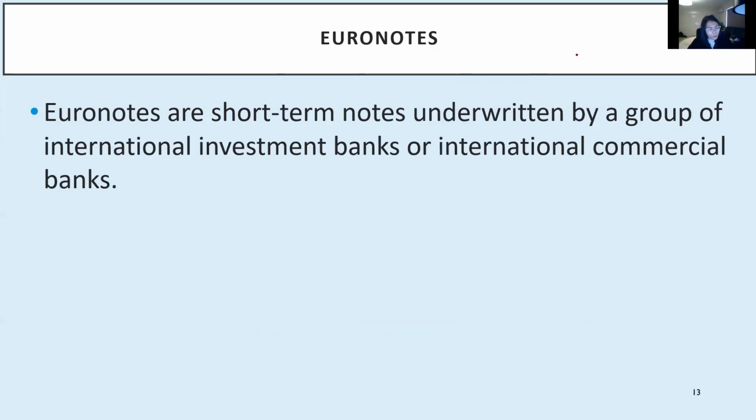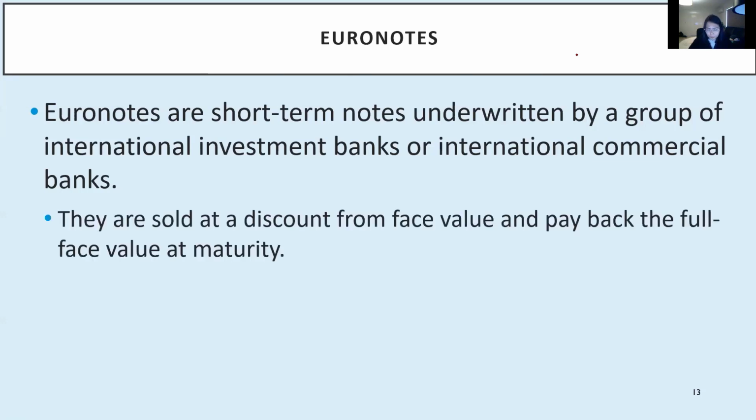Finally, we will talk about Euro notes. With notes, if you have a debt note, they tend to be a short-term debt instrument. So Euro notes are short-term notes underwritten by a group of international investment banks or commercial banks. They have the same structure as a zero coupon bond, in the sense that they are sold at a discount from the face value, and at maturity, investors will get back the face value.